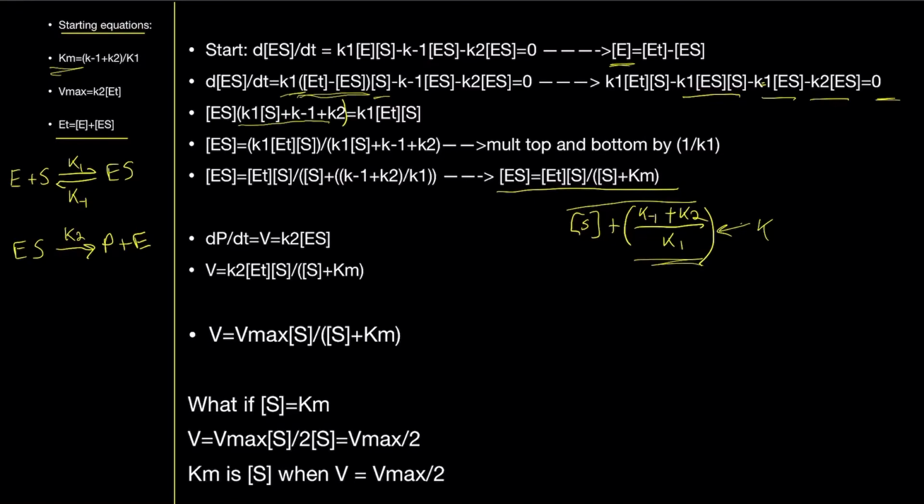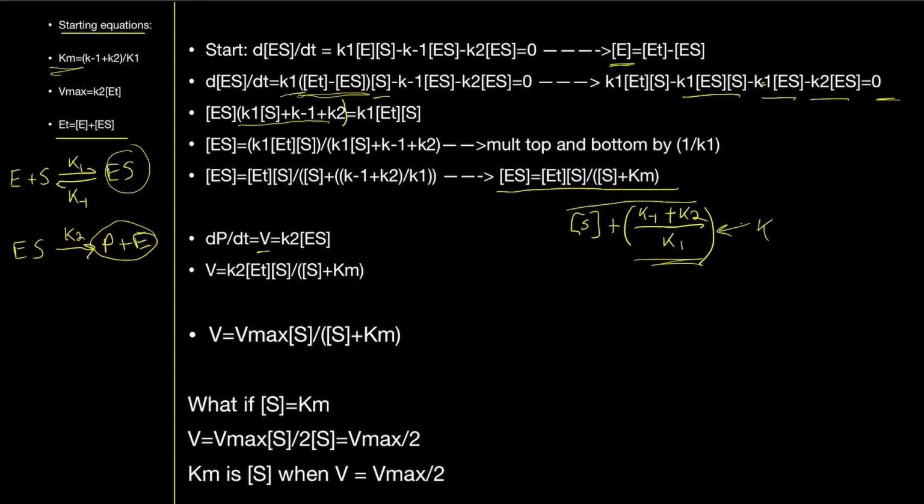So now that we have an equation for the creation of the enzyme substrate complex, we want one for the creation of product. The instantaneous rate of change for the product over time, which is also just the rate, or velocity, is equal to K2 times the enzyme substrate concentration.